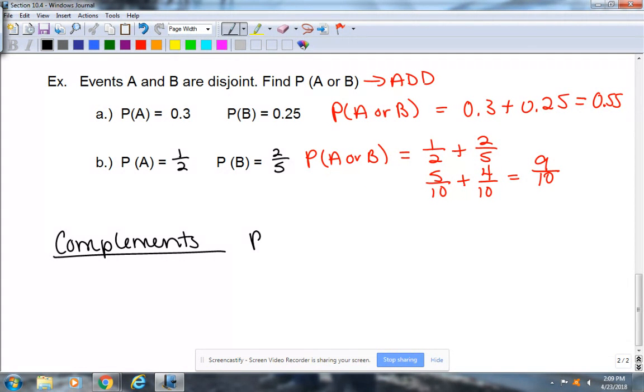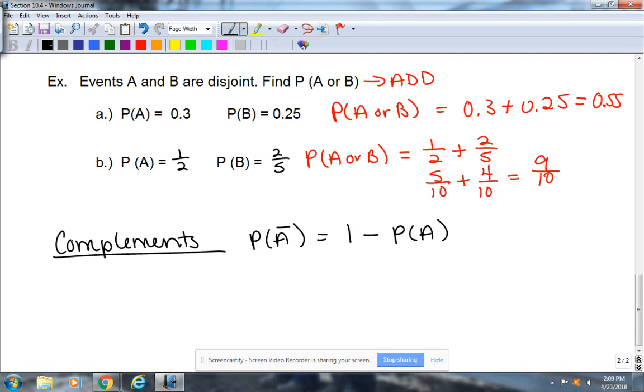So the complement is going to be 1 minus the probability. 1 minus your probability. So if you want to find something's complement, you're finding what combines with it to make a probability of 1. Okay? So finding something's complement is finding what it takes to go with that number to make 1.